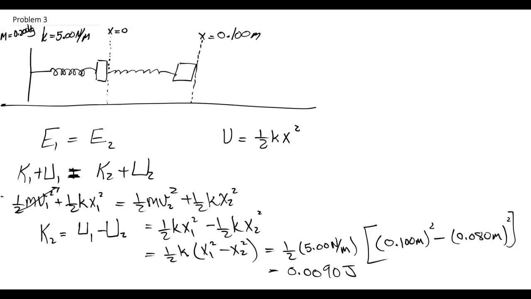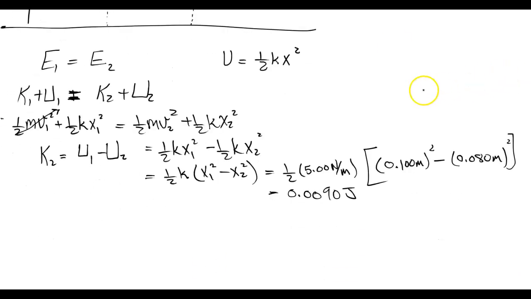And as we know, if we want to find the kinetic energy, it's equal to 1/2 the mass times the velocity squared.